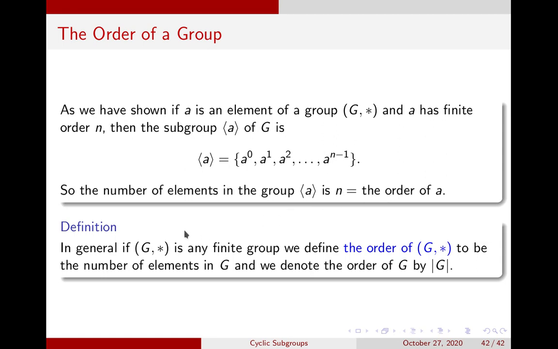And now we're going to define the concept of order for any group. So if G is any finite group, the order of G is defined to be the number of elements in G. And this is usually denoted by G between absolute value signs.